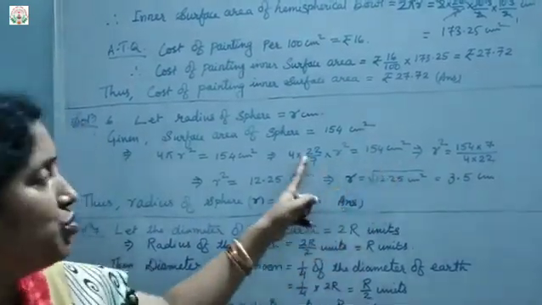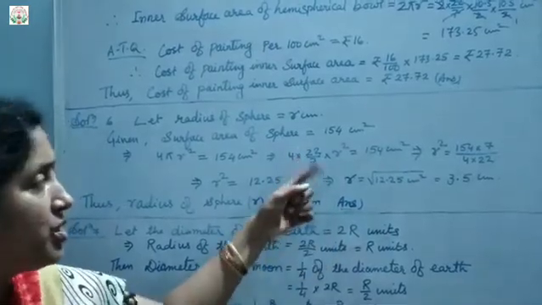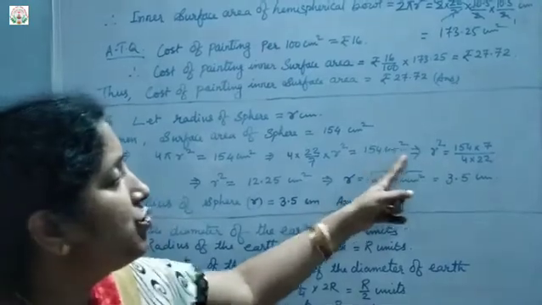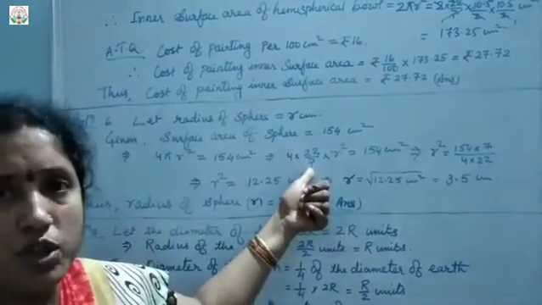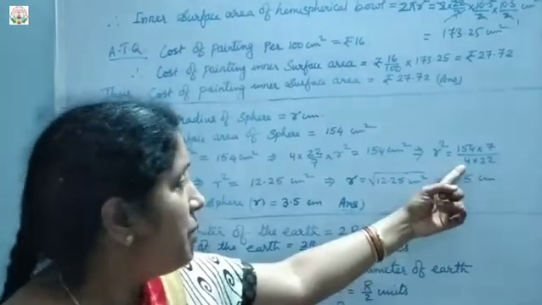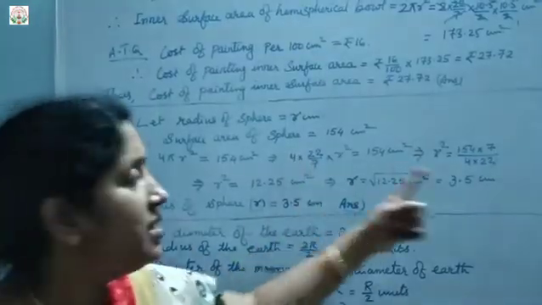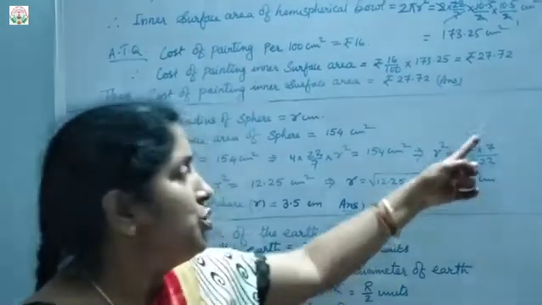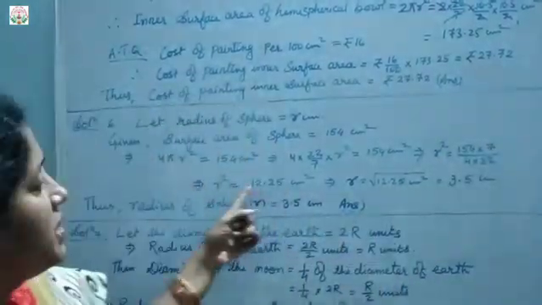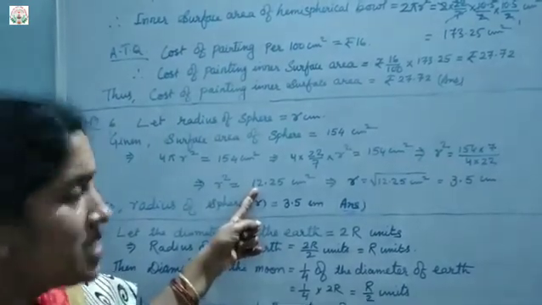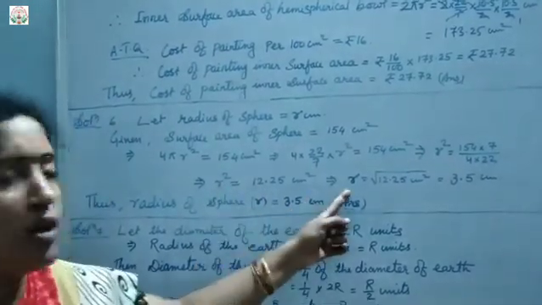So numerator becomes denominator and denominator becomes numerator. So r square equals 154 into 7 upon 4 into 22. So on simplification of this, what we will get? That is r square equals 12.25 cm square. So now r will be how much?